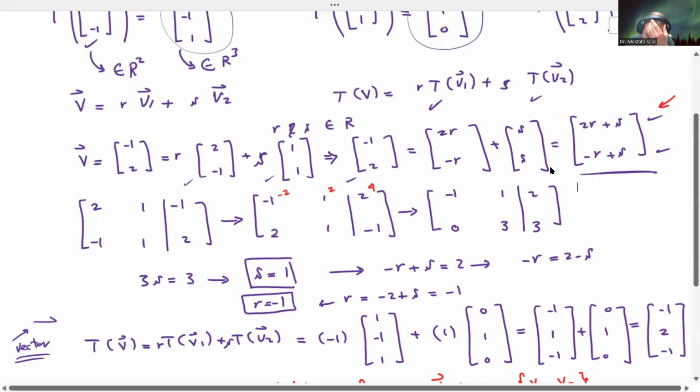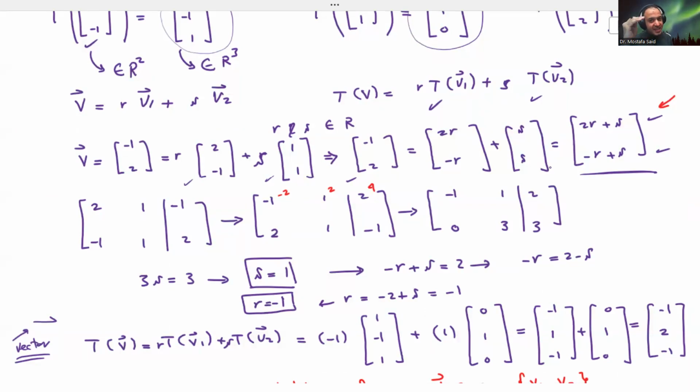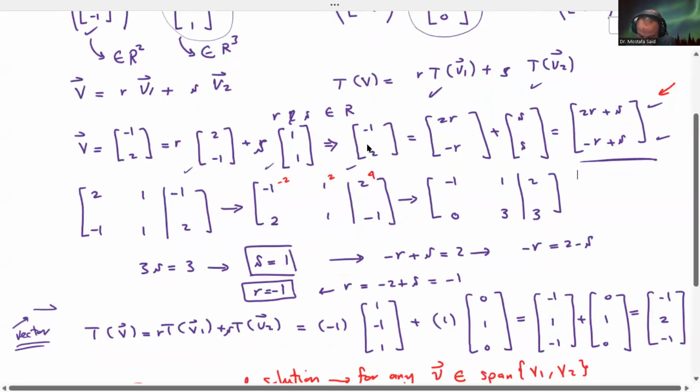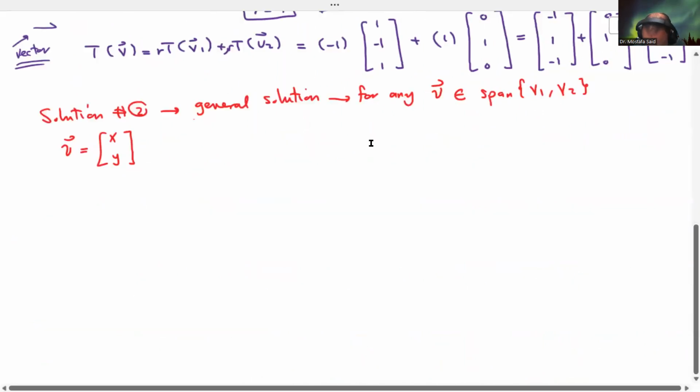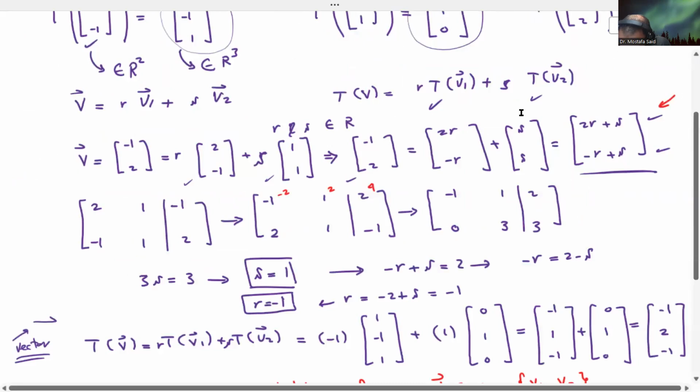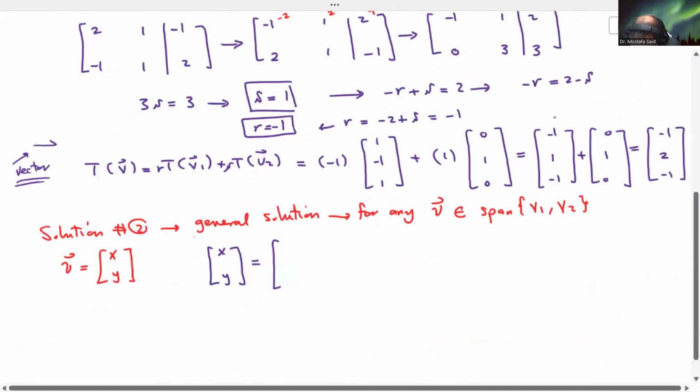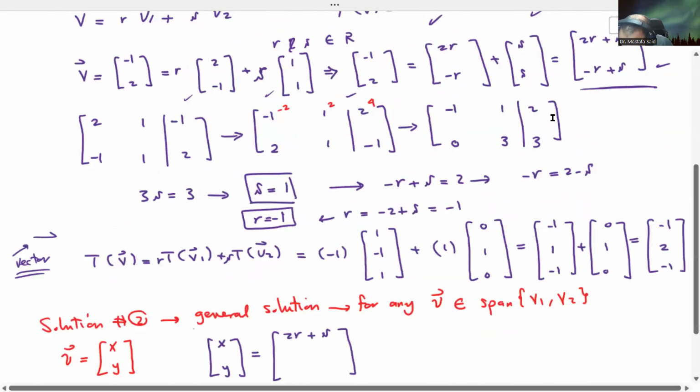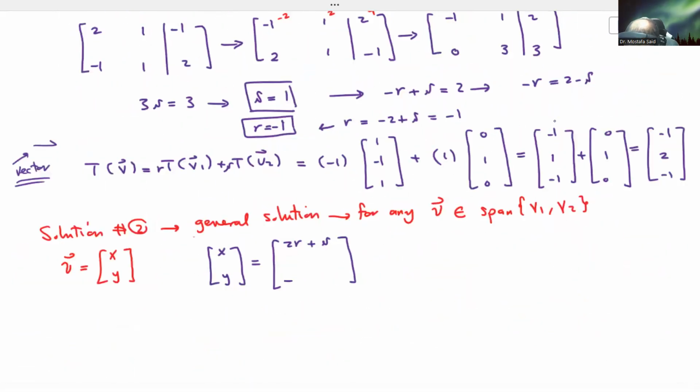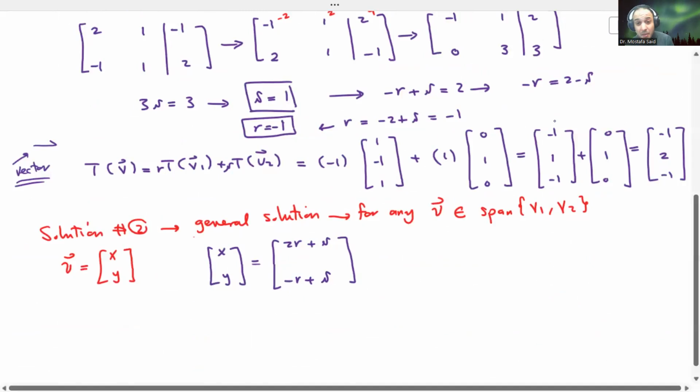So instead of having minus 1 and 2, I'm going to put X and Y. We're going to have the same two equations, X and Y here, equal to 2R plus S, and minus R plus S. Remember, X and Y here can be considered known.